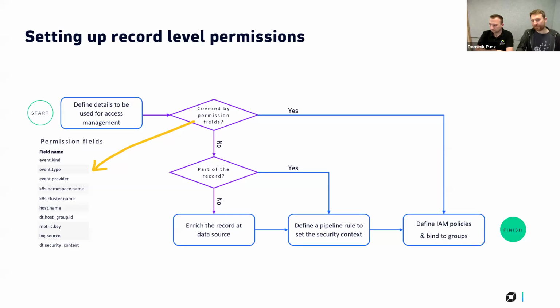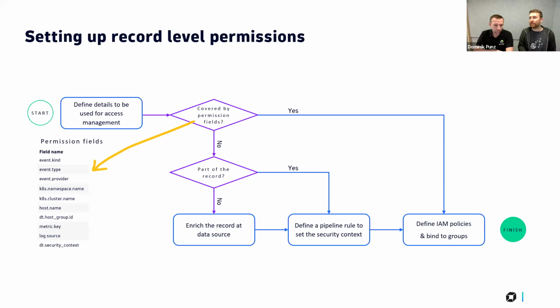Then there's always the option to enrich the record at the data source. Depending on the technology you're using to capture the logs, this could be OneAgent or certain extensions. There are ways to control what is enriched with each of the records. On the OneAgent side, for example, there is the OneAgent control utility, which allows you to set a host tag, and you can set the dt.security_context tag there.